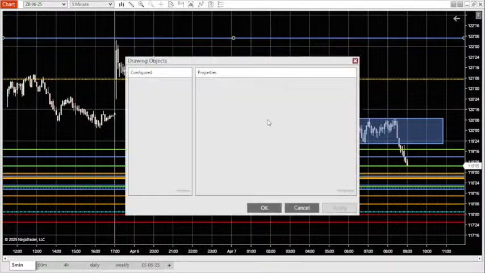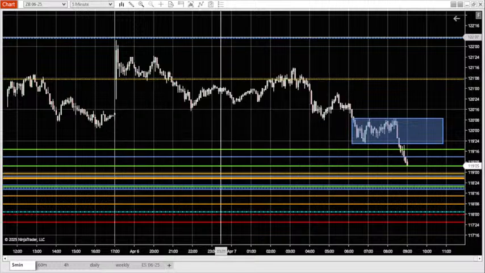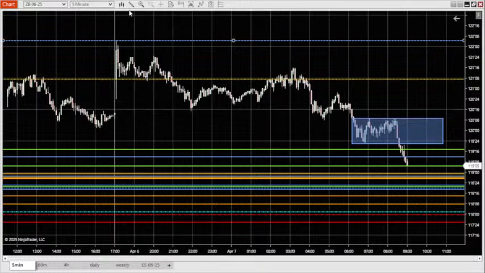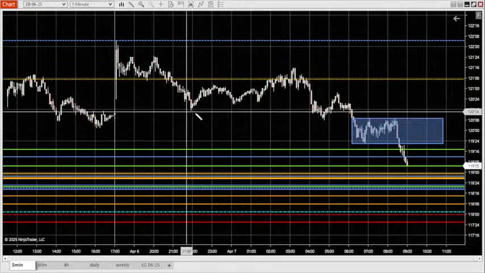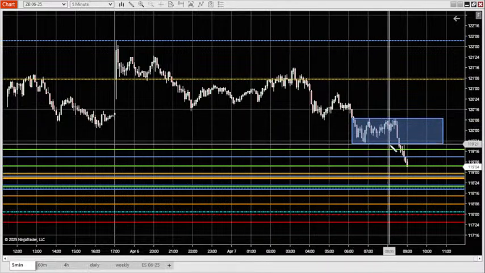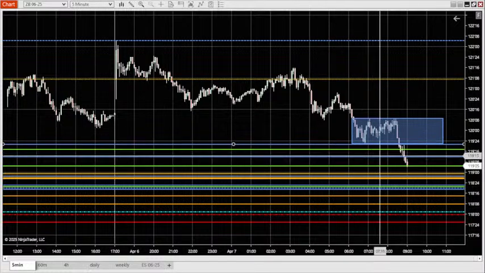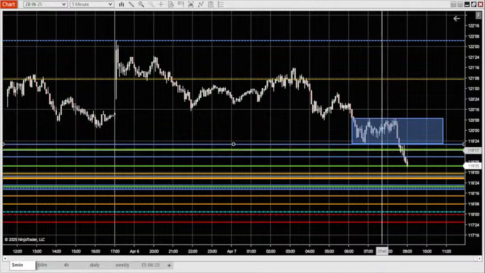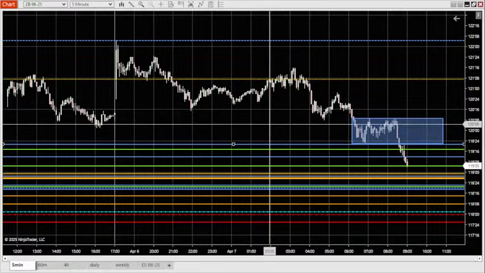Let me just make it a dash so I know it's the highest price. The market opened at 820. So the lowest was right here where I've got it right now.